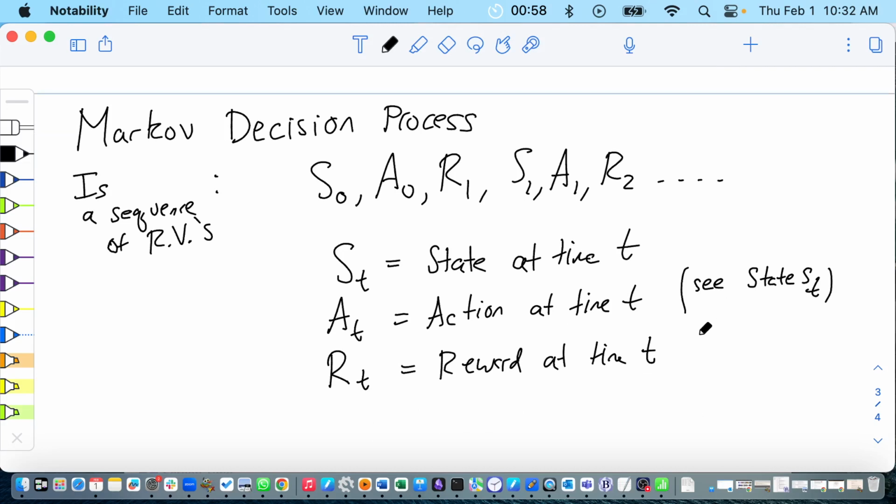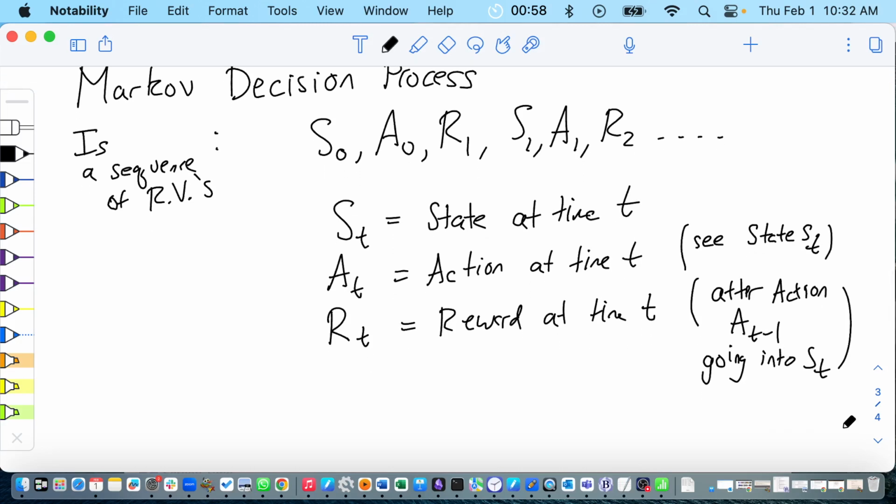The reward at time t comes after action At minus 1 and going into St. So the example that we gave is if you want to count the number of steps it takes, every time you move, like you roll the dice again, you get a reward of -1, we said.